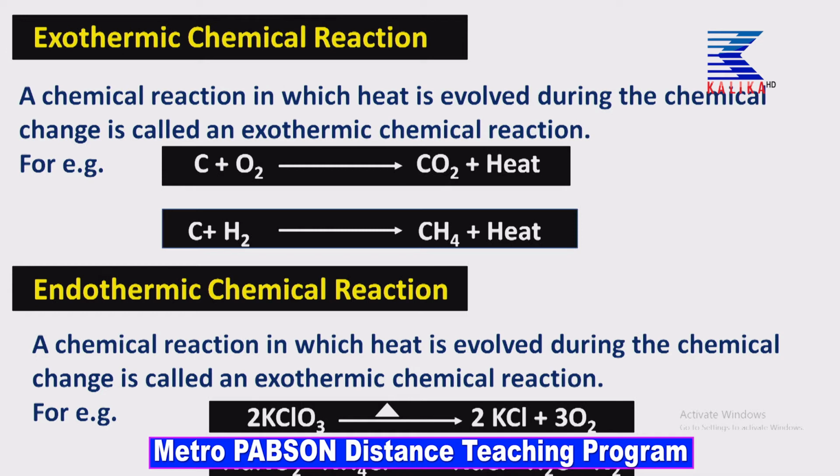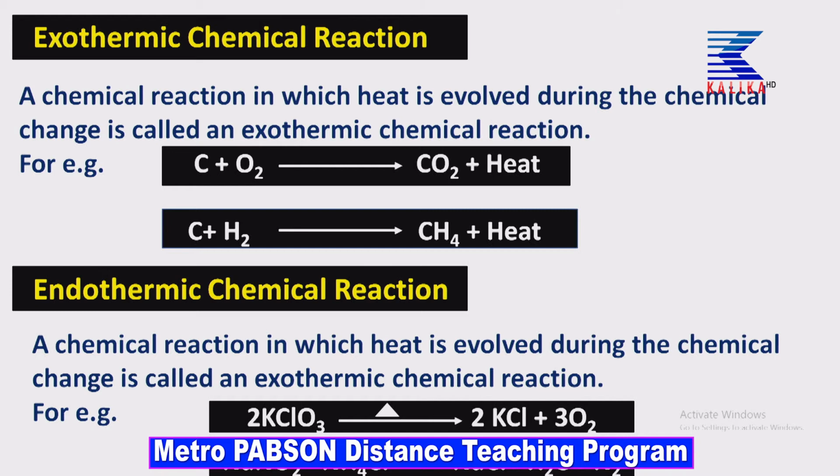Now, the next type, exothermic and endothermic chemical reactions. There is a definition written along with examples. I think that makes you quite clear about exothermic and endothermic. Exothermic means that type of chemical reaction in which heat is evolved automatically when the reaction occurs.